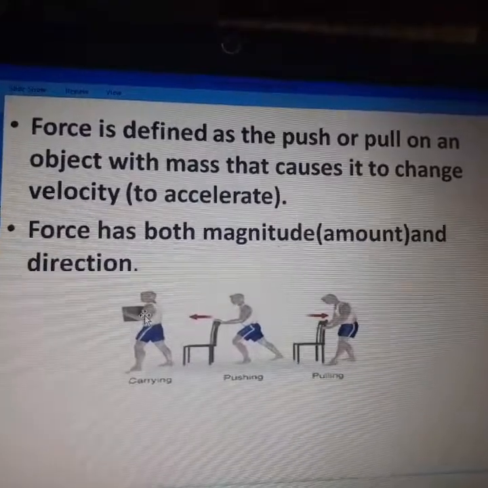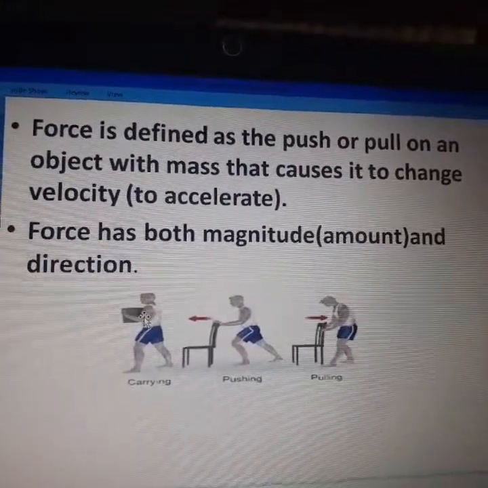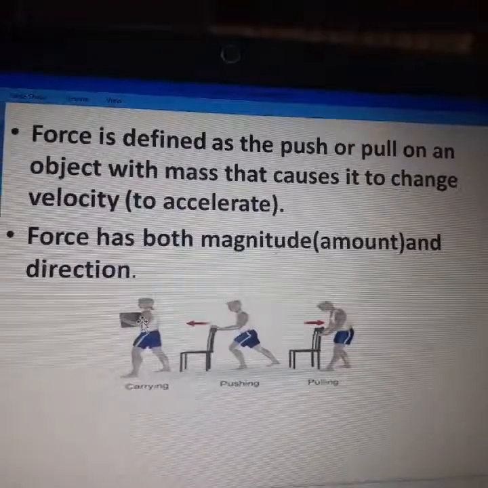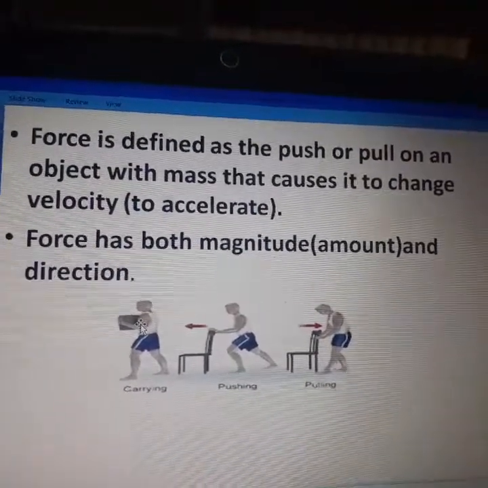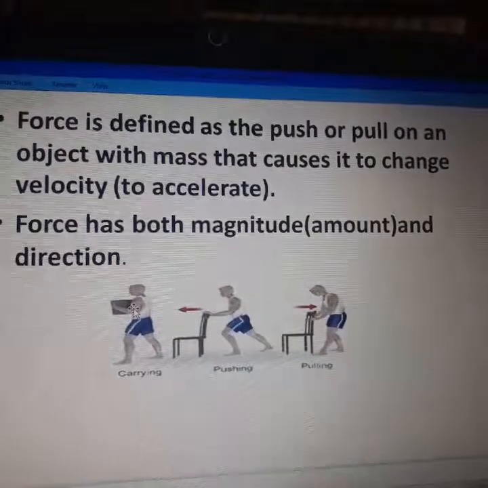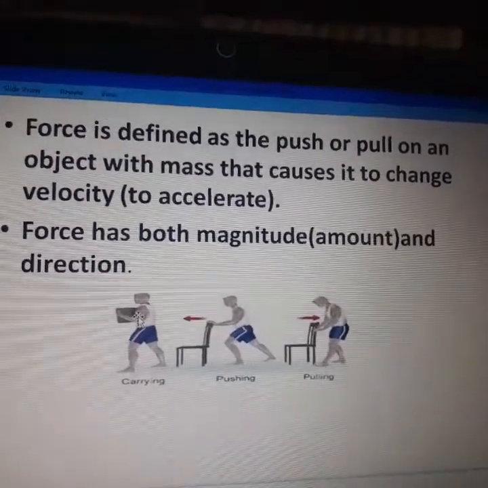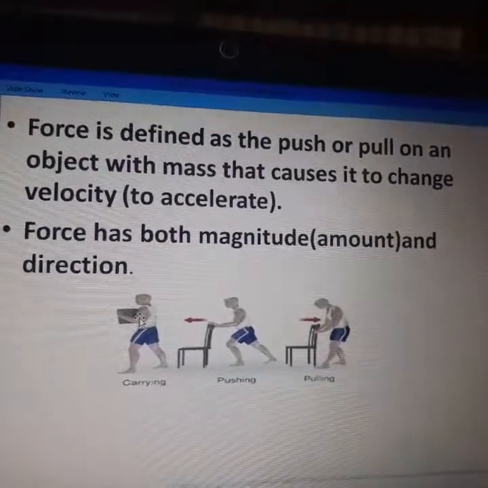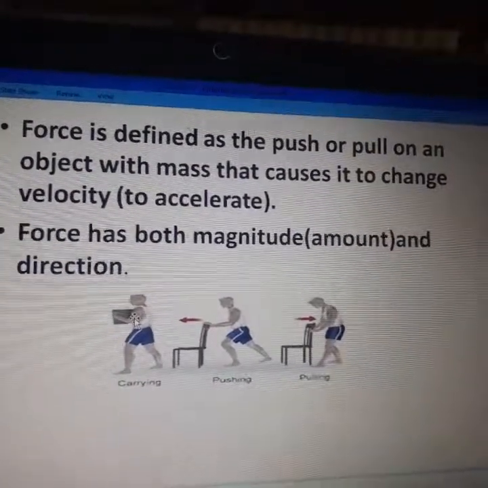If you look at the pictures in the slide, you can see that a boy is carrying a box. This box has mass and he's moving towards the left, that is the direction. A man is pushing the chair in a particular direction.